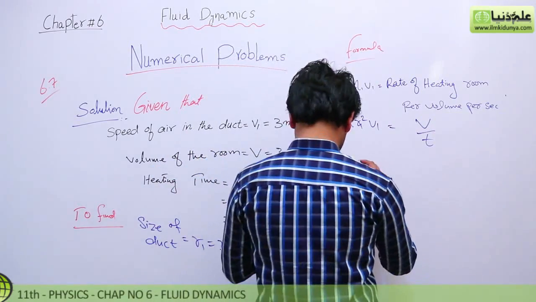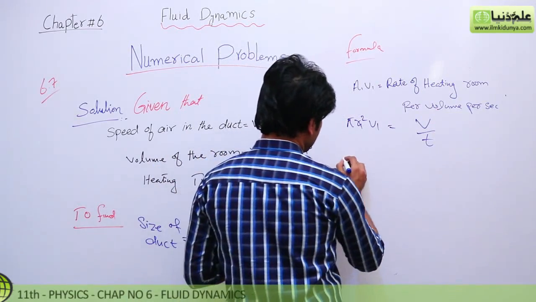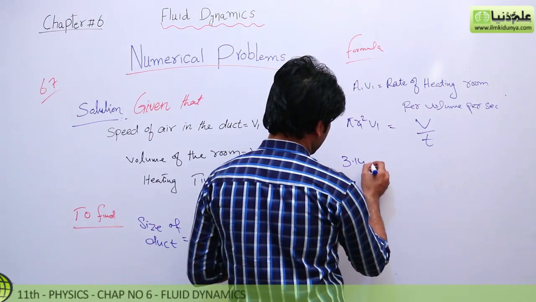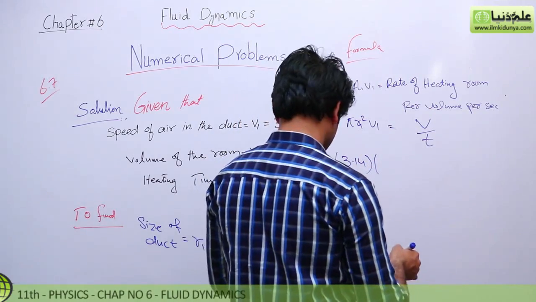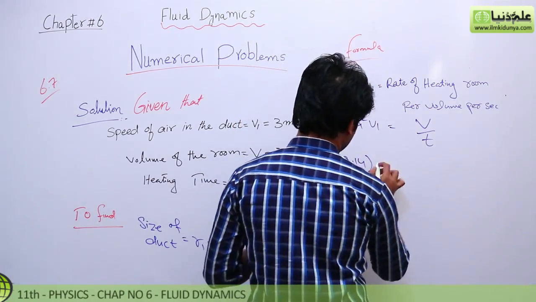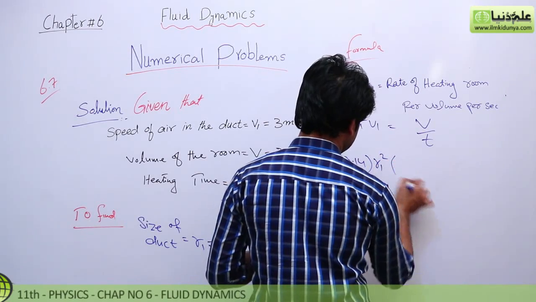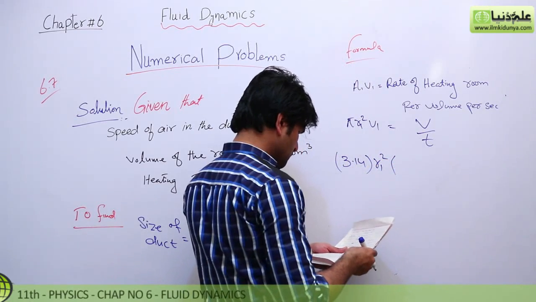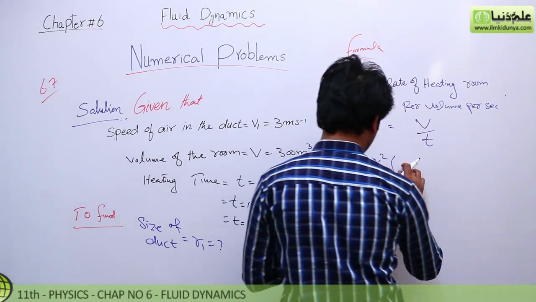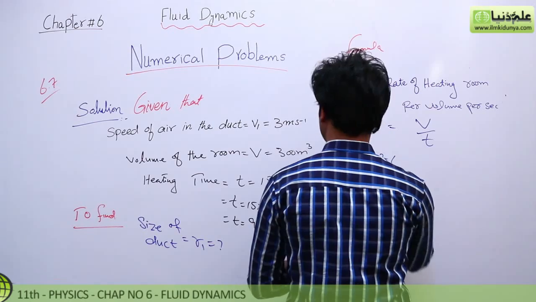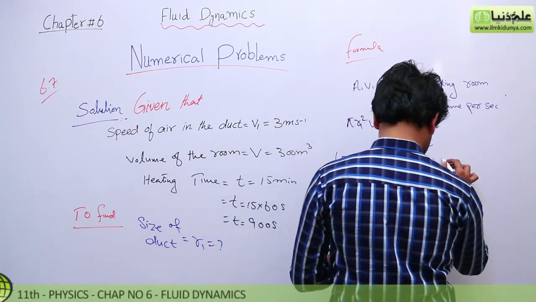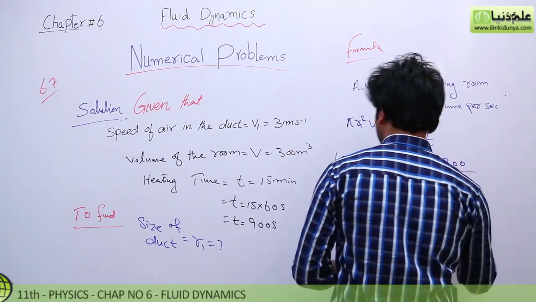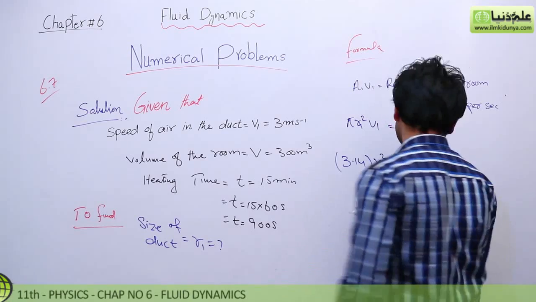Now substitute the values. 3.14, then R1 square remains as it is, and V1 is given as 3, volume is given as 300, and time we have derived as 900 seconds.